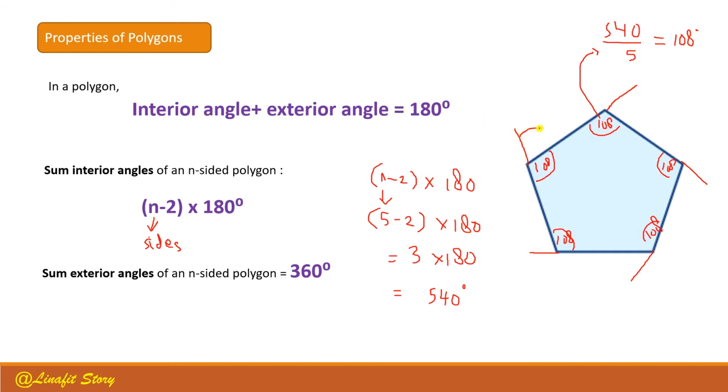So to get this exterior angle, these are angles on a straight line, equal to 180. So 180 minus 108 is equal to 72 degrees. So this is 72 degrees, this is 72, 72, 72 degrees, and this is also 72 degrees. So the sum of exterior angles is equal to 360 degrees.